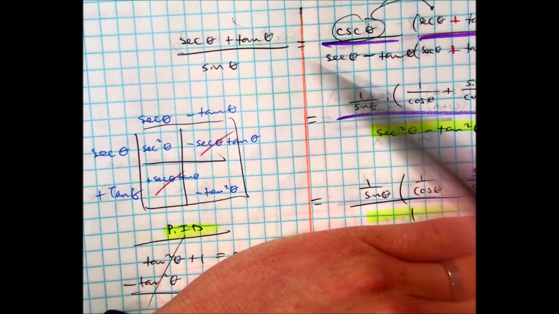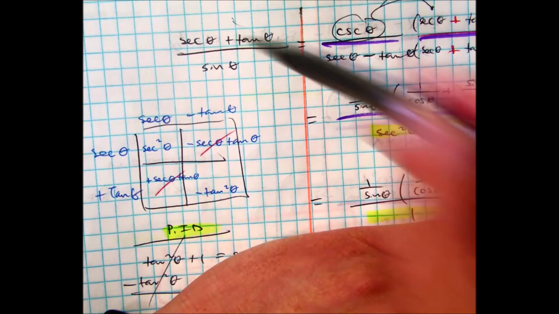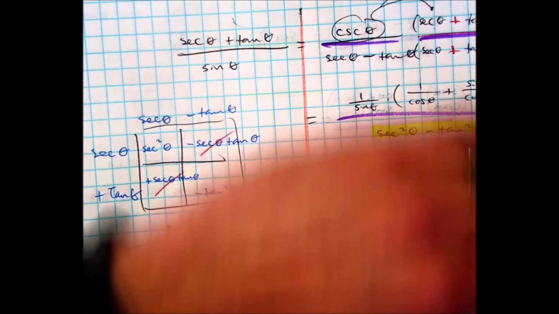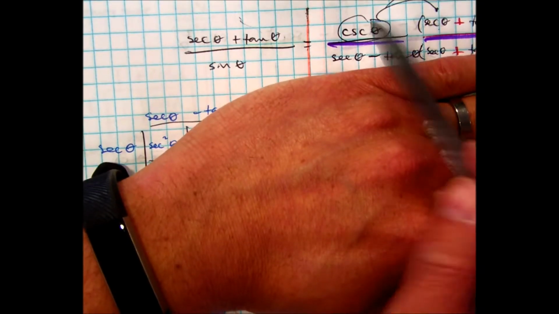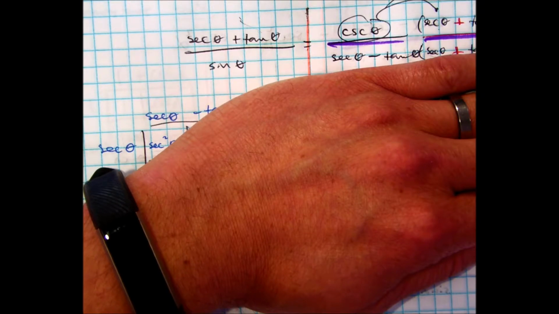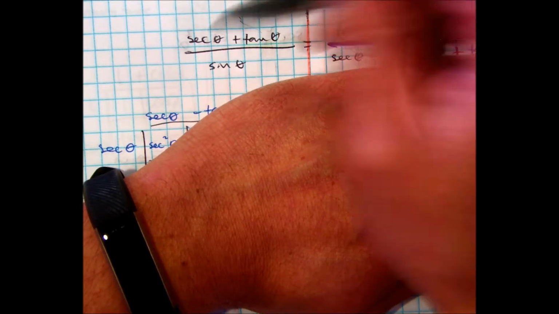Did I need to distribute there? Do you guys see it? Tangent is already here. So I really didn't have to do anything, right? I should have just left it like that right here. Do you see it? Because it already says secant plus tangent.